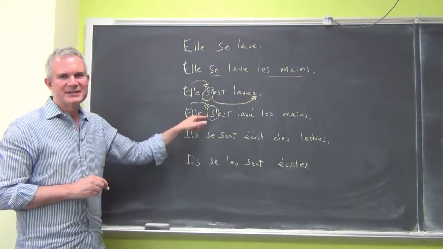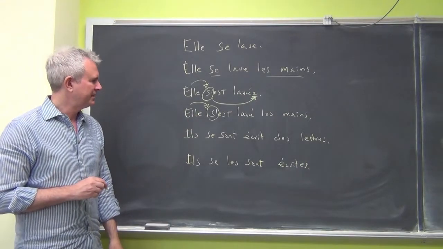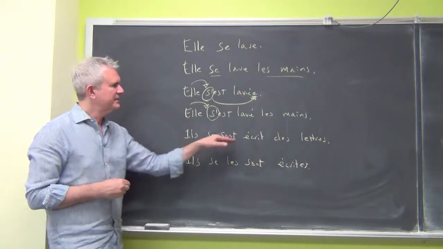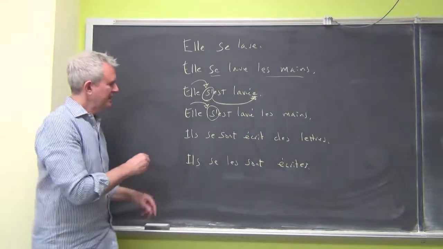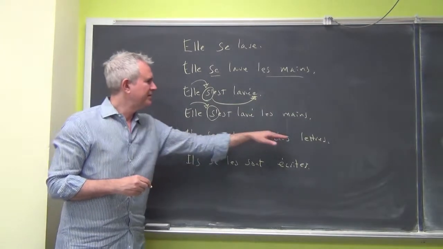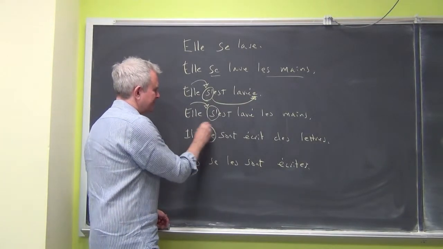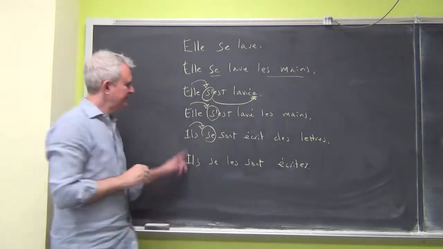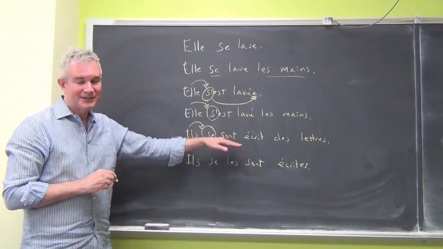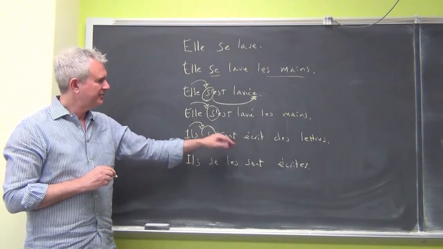So that's why you need to be attentive to whether this is a direct object or an indirect object. Let's look at another example of this. Ils se sont écrit des lettres. Écrire is to write. They wrote each other letters. Okay? This se is coming off of ils, so it's masculine, plural, and third person. We've got the auxiliary être, because it's a reflexive verb in the past indefinite.